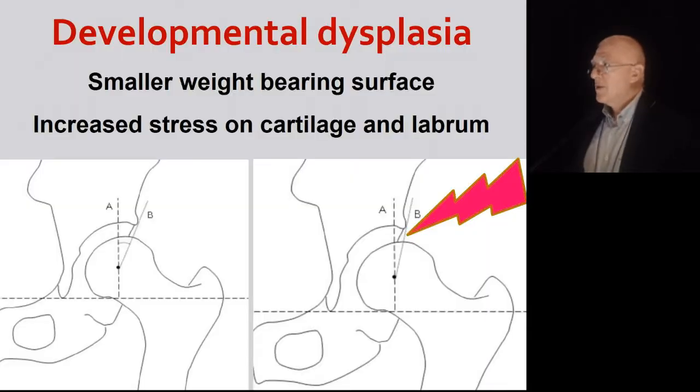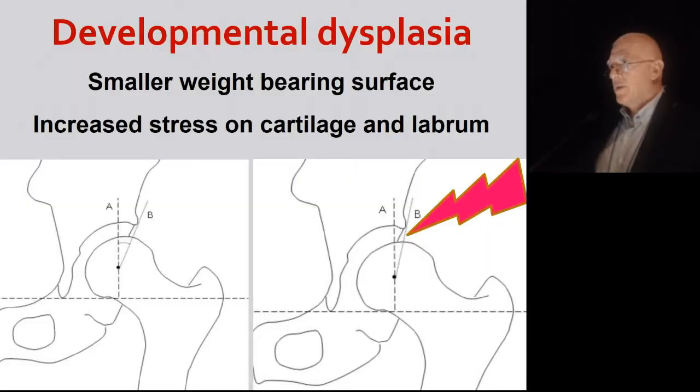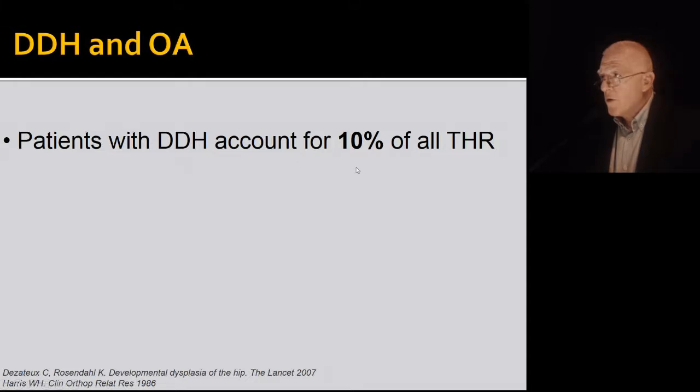Moving now to developmental dysplasia, this is an entity that has not been discussed or explored widely in the literature, particularly in its subclinical form. This is also a type of impingement because of the abnormal contact between the femoral head and the acetabulum, resulting from subluxation. Developmental dysplasia has been shown in the literature to be responsible for 10% of all total hip replacements.